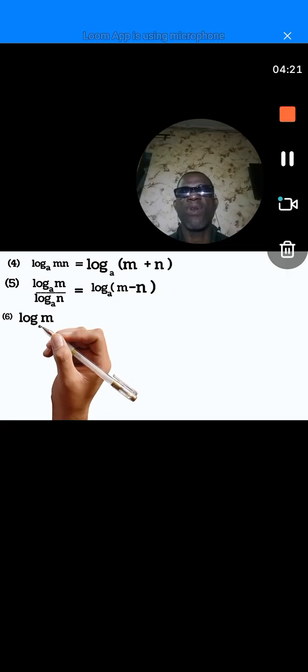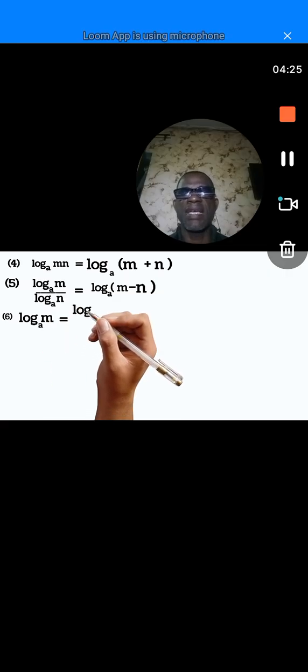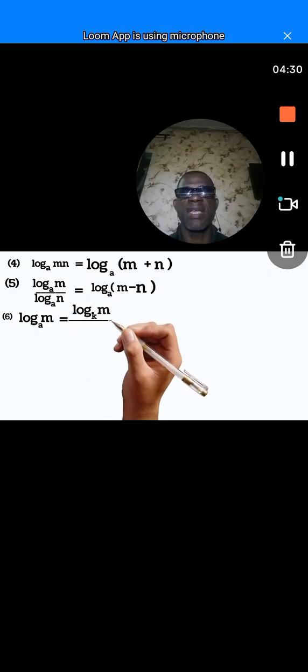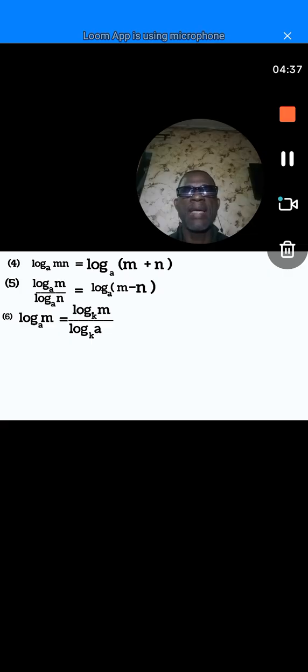Then the sixth law, the law of changing base, says log m base a is the same thing as log m base k over log a base k, where m is the number, a is the base, and k is the new base. These are the laws of logarithms which you must be acquainted with so that you are able to understand how we are going to solve this problem.